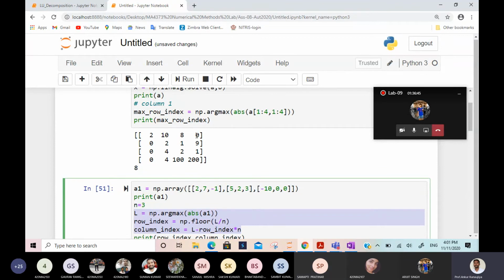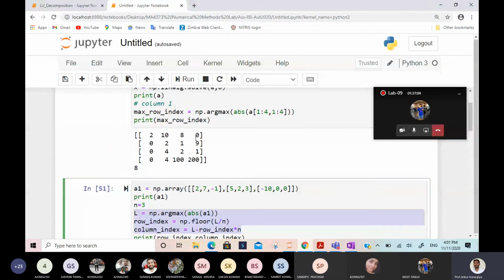If you divide these numbers by 4, the remainders are 0, 1, 2, 3. And the integer part of the division will be 0 only. So it gives the row number, and the remainder gives the column entries.